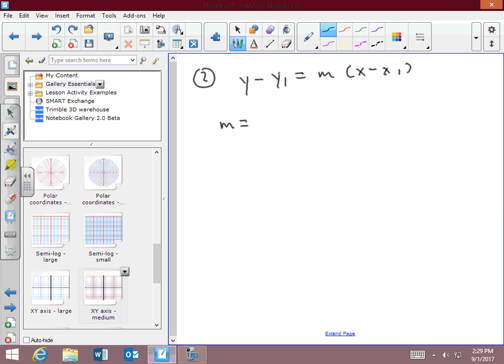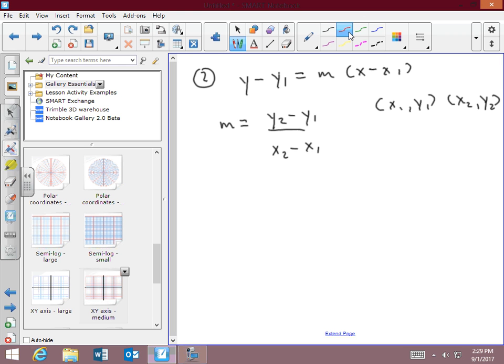Slope is y2 minus y1 over x2 minus x1, where what you know is you know x1, y1, and you know x2, y2, and you want to calculate your slope.